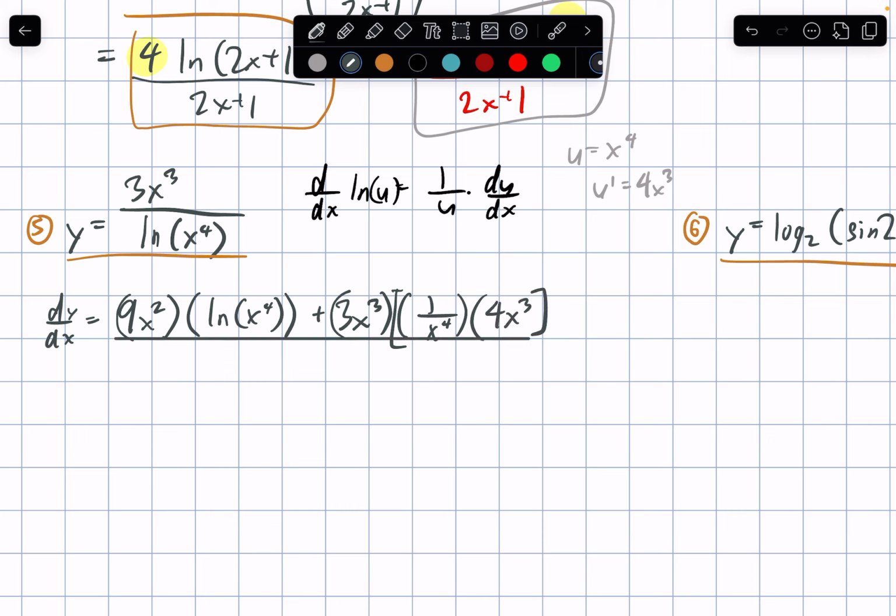And then divide everything by g of x, in other words, the denominator, and then raised to 2. Okay, simplify. Four over x, 12x raised to 2. I believe that's that. I hope this is the final answer already. Let's check.